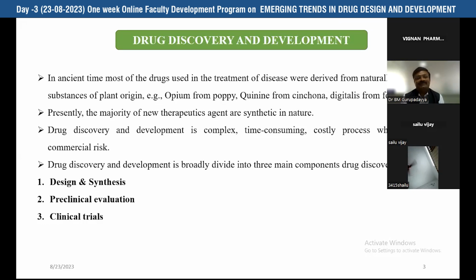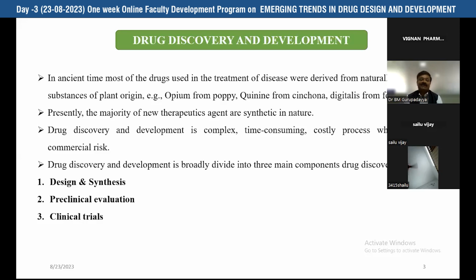We know that drugs are derived from different sources. In ancient years, drugs were obtained from plants originally. But nowadays, while the majority are of plant origin and still under discovery, we can also observe that there are drugs of synthetic origin.